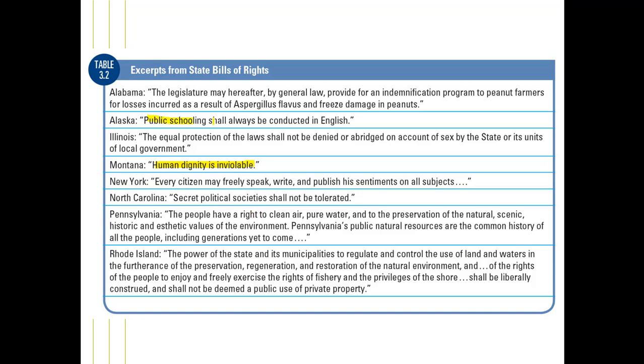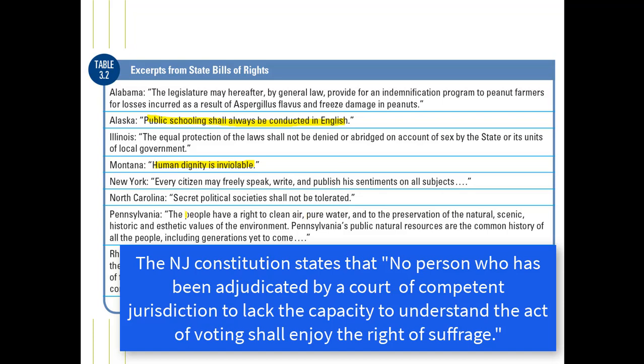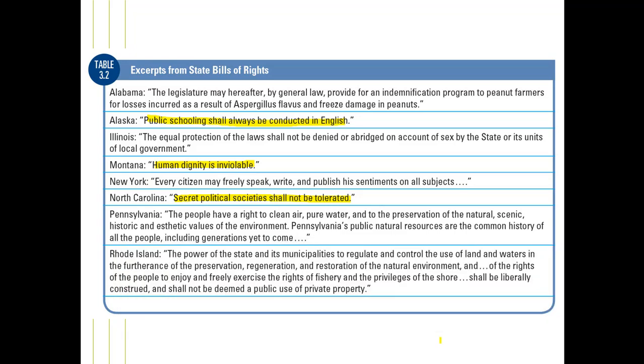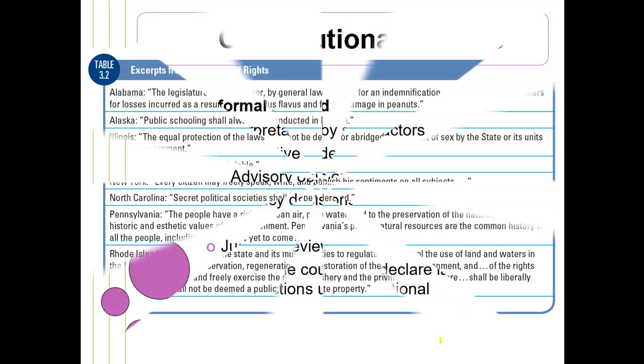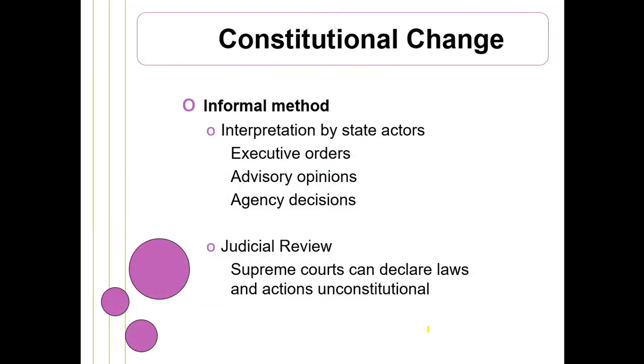Here's one from Alaska right there. Here's an excerpt from North Carolina Constitution, that's what they decided to put in there, so you can look through those as well, just showing you the, in some cases, quite interesting things that are spoken about in their constitution.